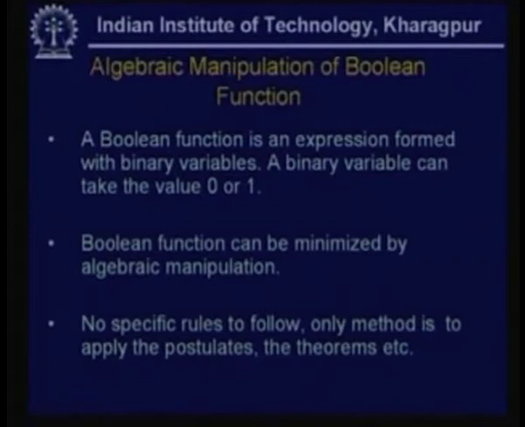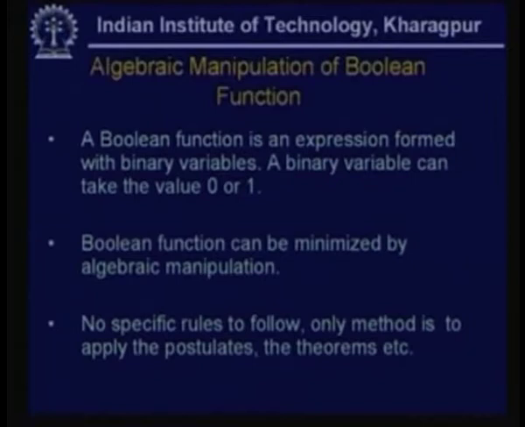Now, algebraic manipulation of Boolean functions. A Boolean function is an expression formed with binary variables. A binary variable can take the value 0 or 1. A Boolean function can be minimized by algebraic manipulation, and there are no specific rules to follow.